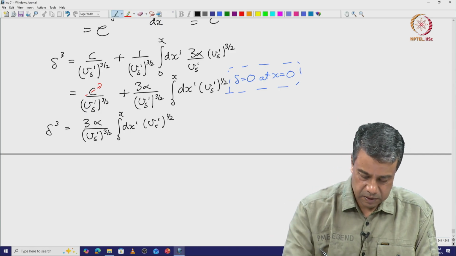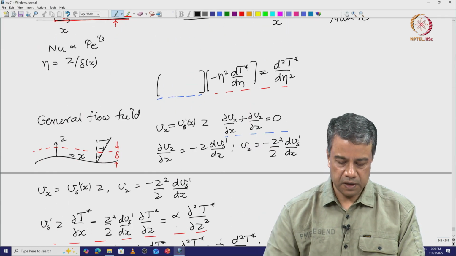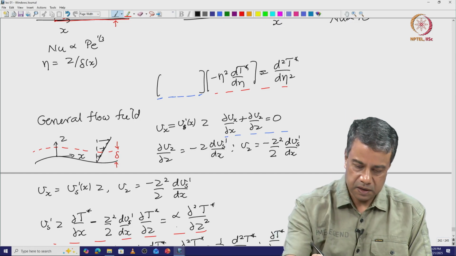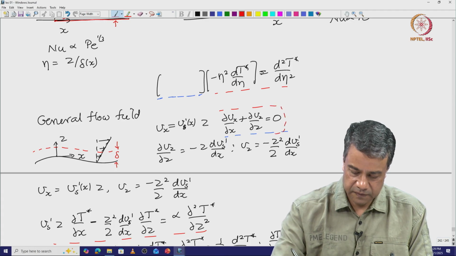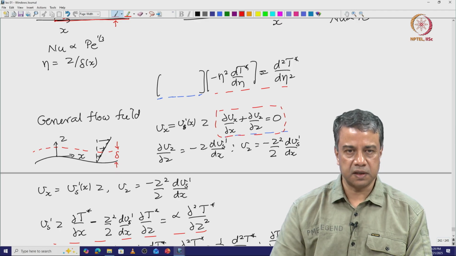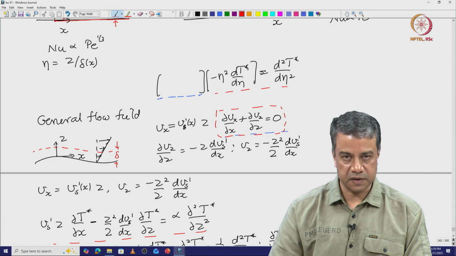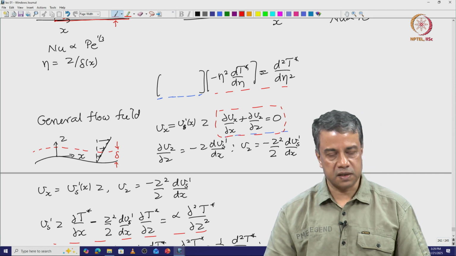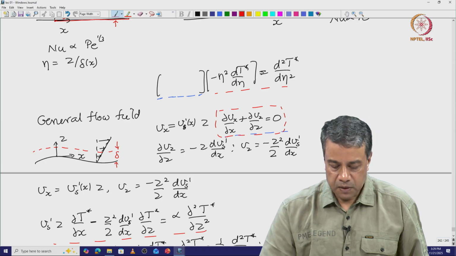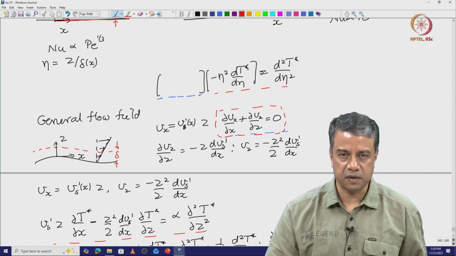So, for this general flow field, I have shown you, provided the flow is incompressible, that is, this incompressibility condition is satisfied, and the boundary layer thickness is much smaller than the characteristic length scale of the flow or the characteristic length scale of variation of the surface, we can effectively consider this surface to be a flat surface as in the diffusion part of the equation.